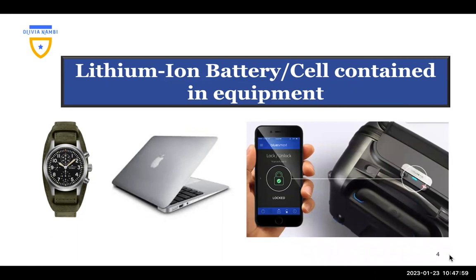So these are the few examples that I have for you to see what they actually mean when they say that the lithium-ion battery or cell is contained in equipment. It's contained in equipment and you cannot detach the battery or cell from the equipment. As we all know, the Apple products cannot be unscrewed to access the batteries.